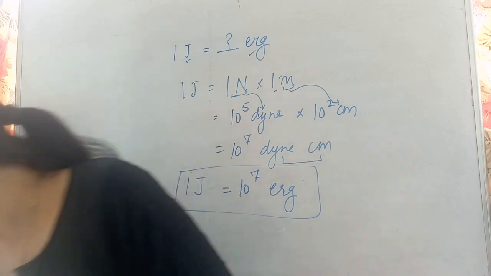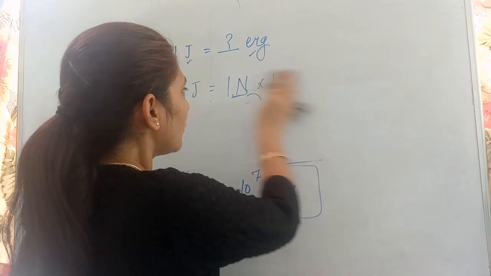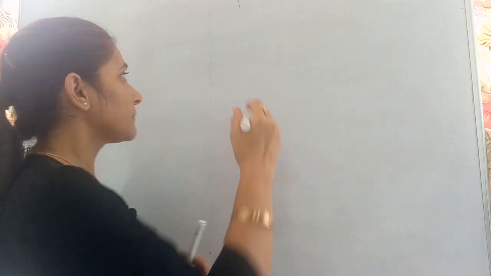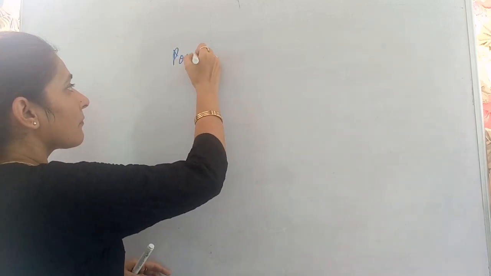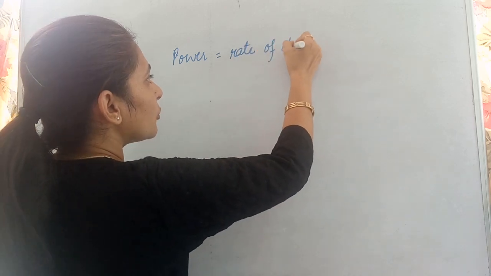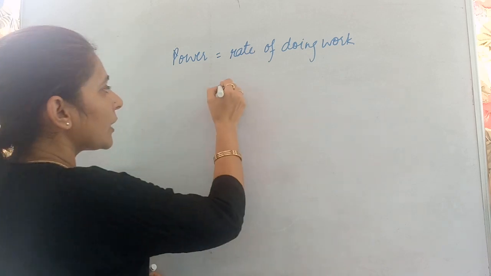Okay. The next term they are talking about is power. Power is the rate of doing work. Rate of doing work means what? How can you write it down?